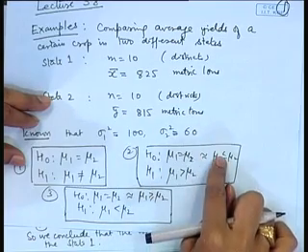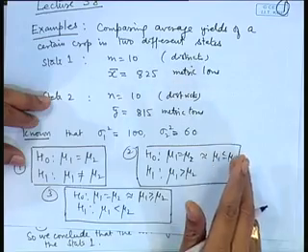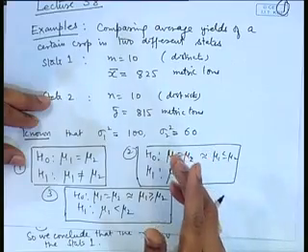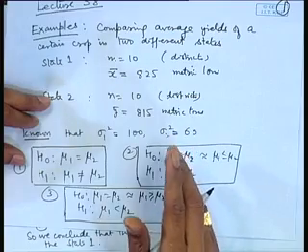That means we are rejecting H naught, and this is a strong conclusion, and therefore we can say that the average yield in state 1 is significantly higher than state 2.